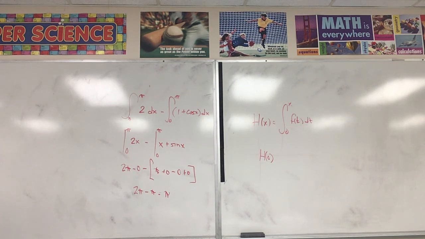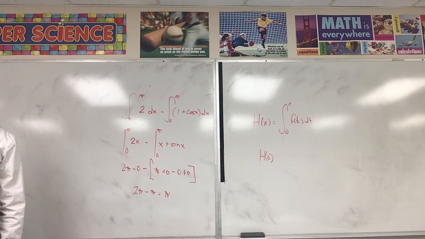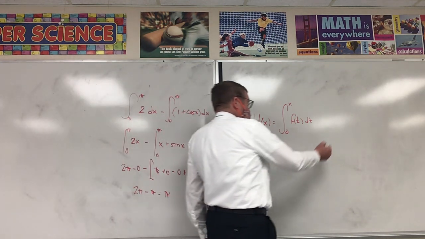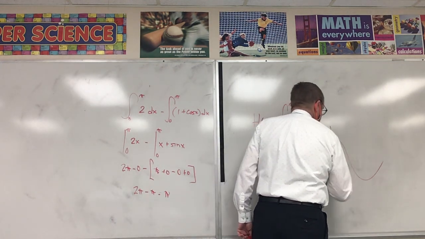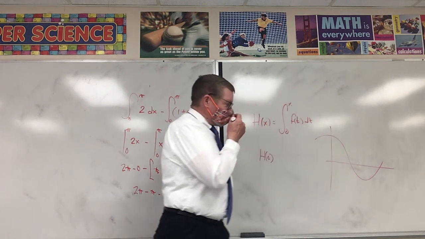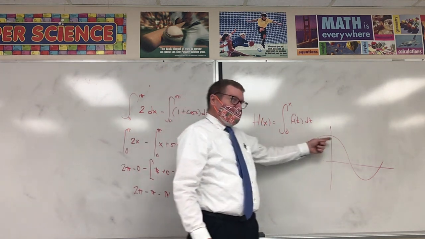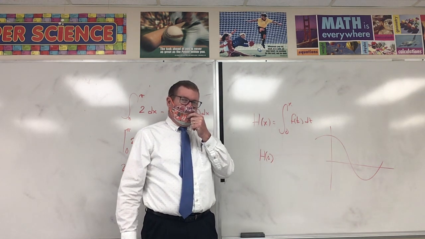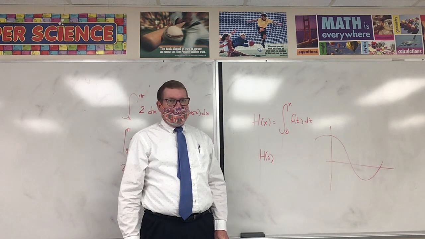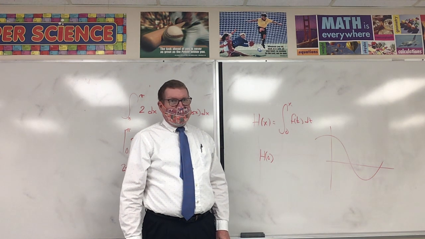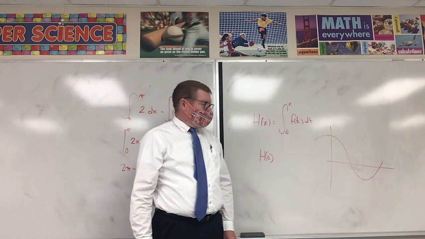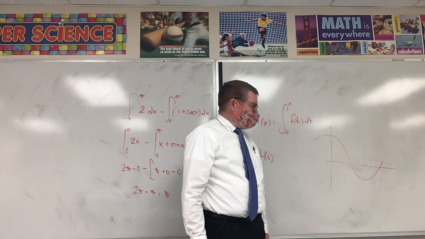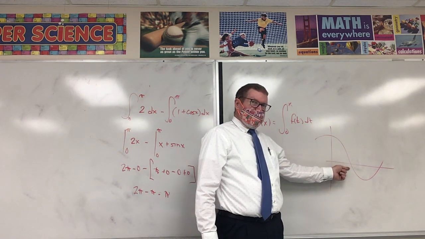But remember what we're looking at. This graph here is the derivative graph, not the function graph. So if this was a function graph, I would be increasing, decreasing according to the slope, and I would be concave up, concave down according to the second derivative.